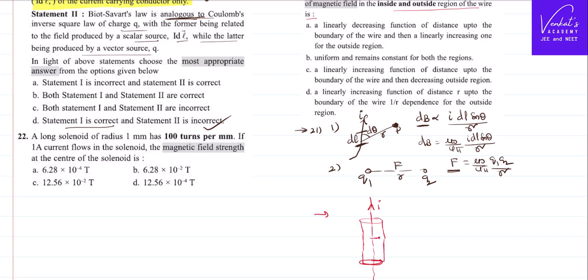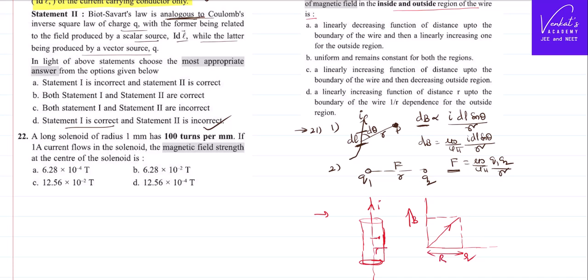You know that it has been derived that if we have a point at distance r where you are trying to calculate the magnetic field, and if the distance is less than the radius, B will be increasing in a proportionate way, that is within the radius of the cylinder.